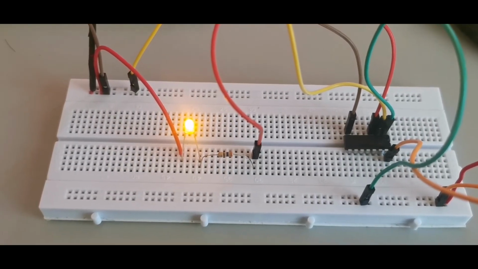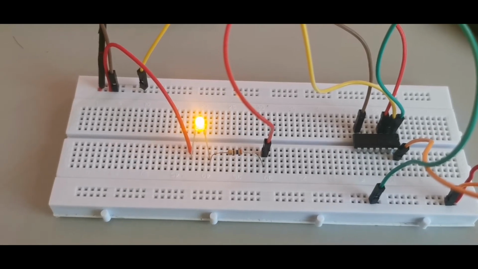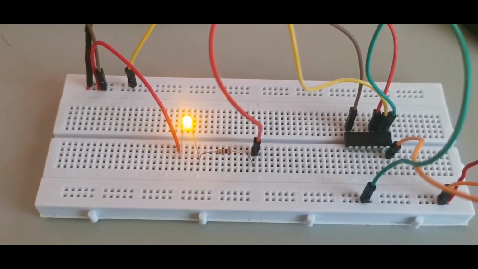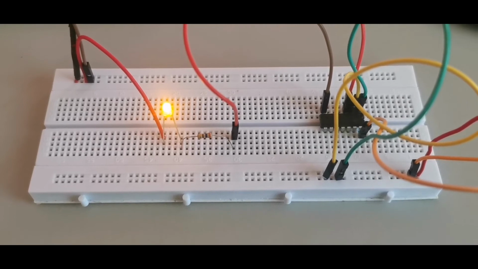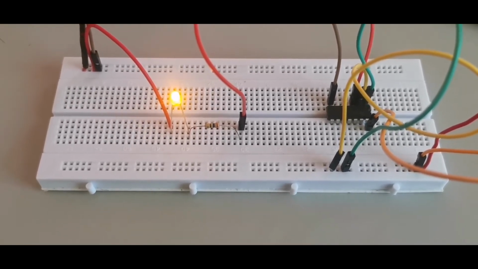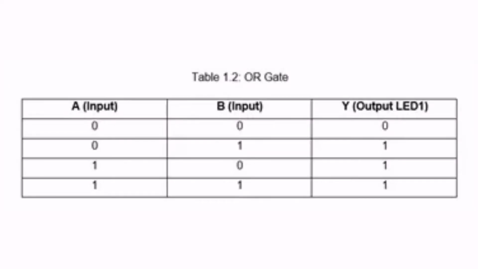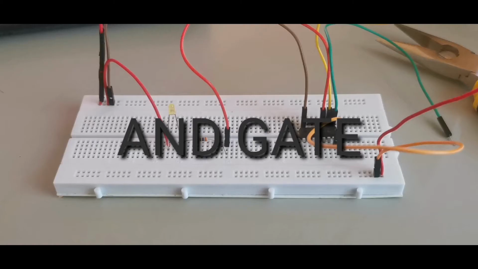If the input terminal A is at 1 and input terminal B is at 0, the output will be 1. If both input terminals A and B are at 1, the output will be 1. The output of an OR gate is true when one or more inputs are true. If all the inputs are false or 0, the output will be false.